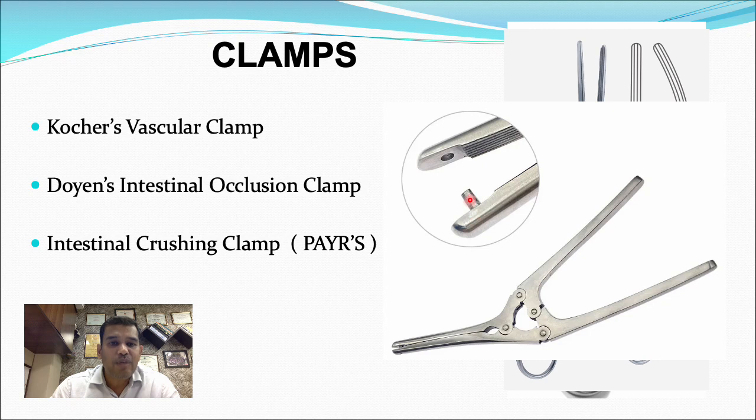Plus at the tip you have a tooth with a corresponding groove that it fits into. When it is closed, it fits exactly. So this is the crushing clamp. When you apply this clamp, it is going to crush the wall. So this cannot be applied over the bowel segment that is to be anastomosed. It will be applied over the bowel segment that has to be removed as a specimen.